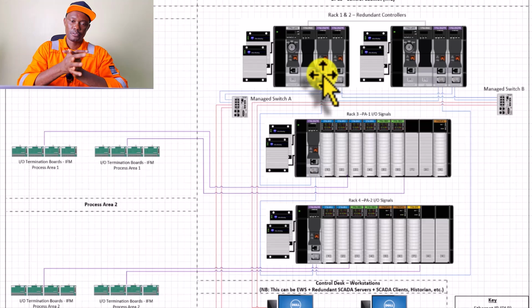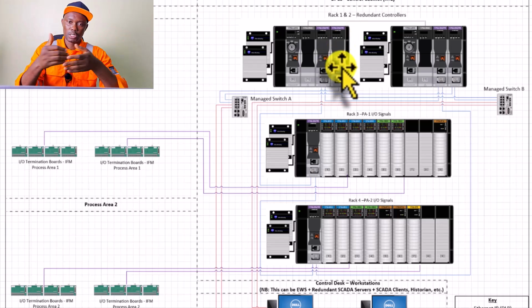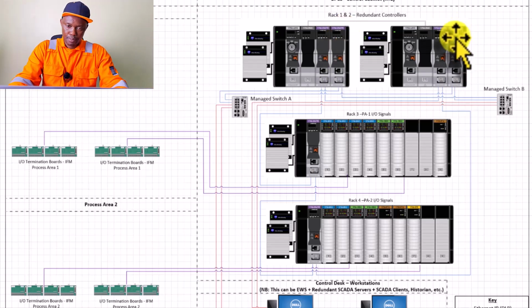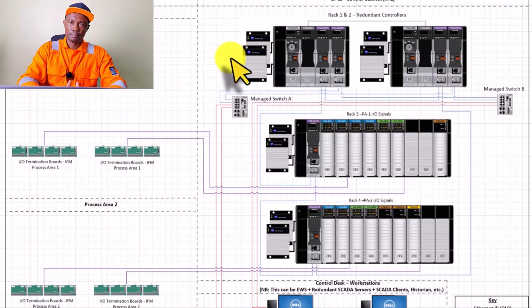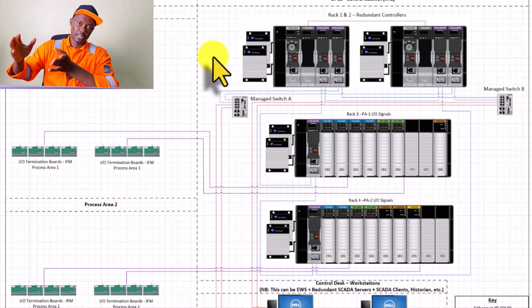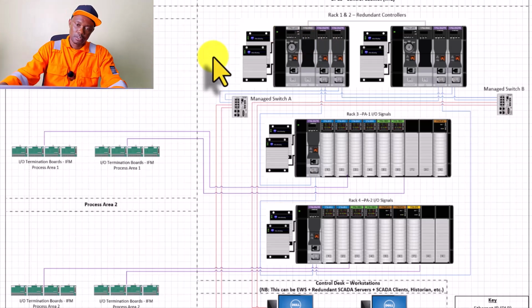I will make a separate video for this. The second one is for the SCADA or HMI communication, monitoring and control of the process. What we normally do is what we call network segregation. So these two will not be on the same subnet. They will be on separate subnets to segregate them. Anyway, I will do a separate video on that as well, under cyber security.